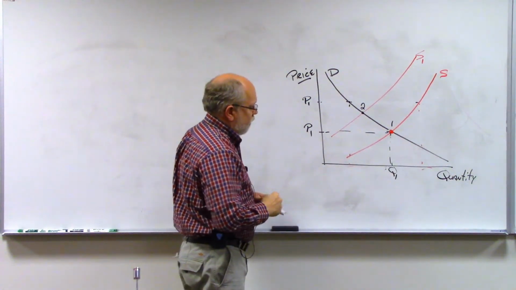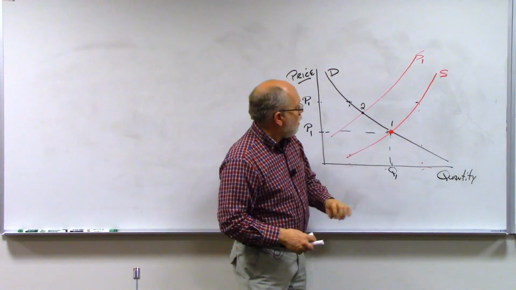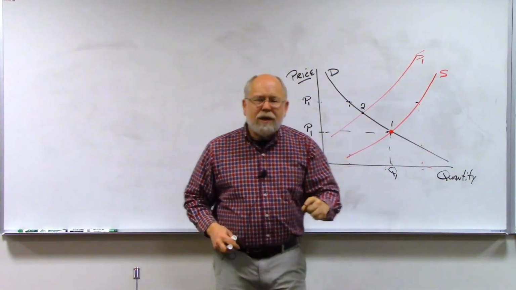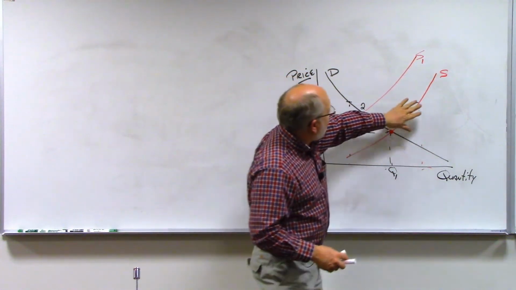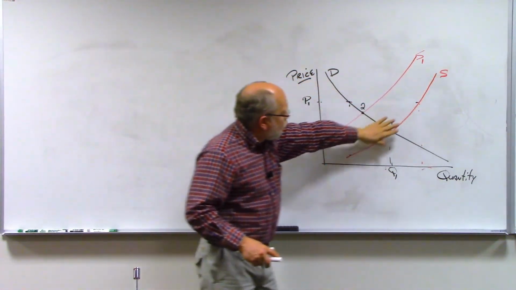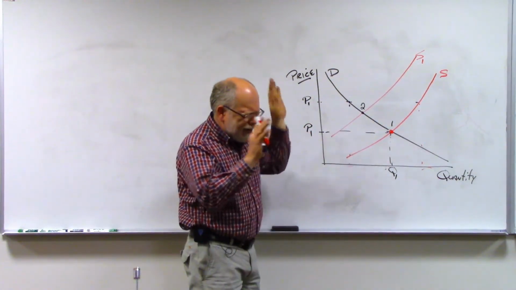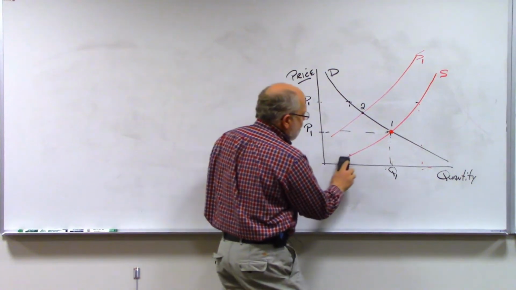Now notice, I'm going to leave this supply curve here. Well, maybe I won't. But you can only have one demand curve at a time, and you can only have one supply curve at a time. So when we go from S to S1, in your mind at least, erase S1, because it doesn't exist anymore. But we need the memory of it. We need the faint memory of it.